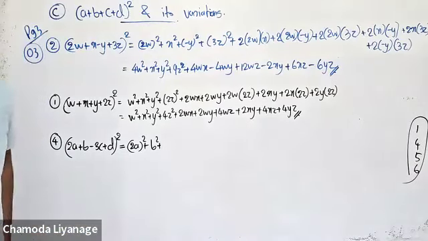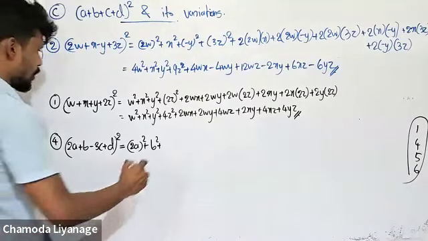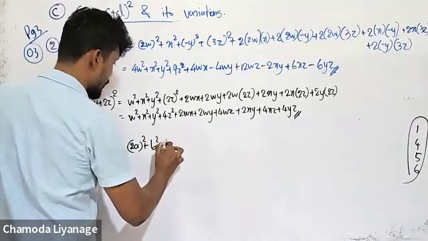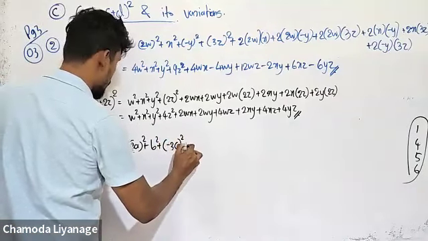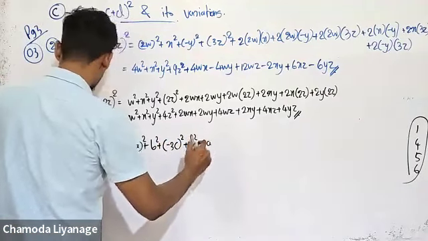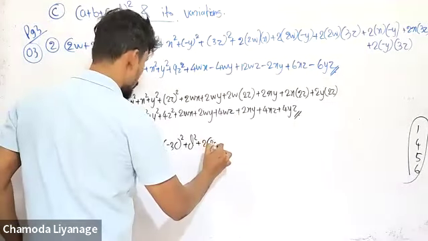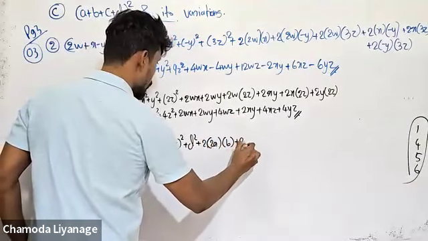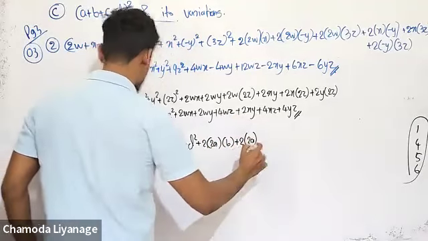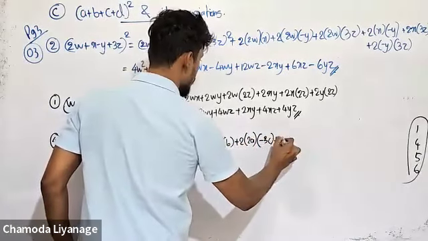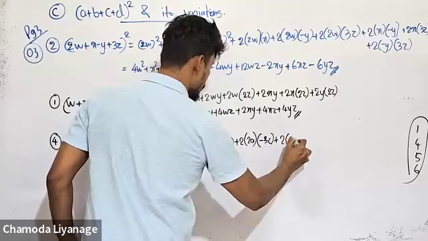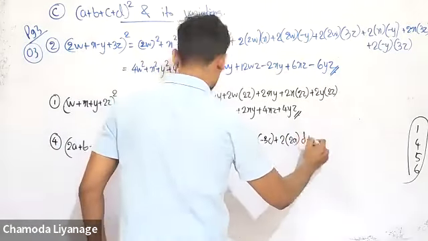Fourth one, plus third term is minus 3c. So the square of minus 3c plus d squared plus 2 times 2a into b, 2 times 2a into minus 3c, 2 times 2a into d.